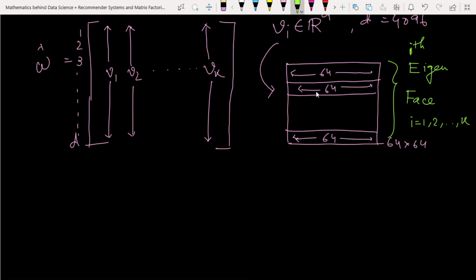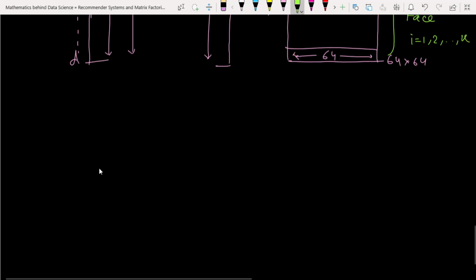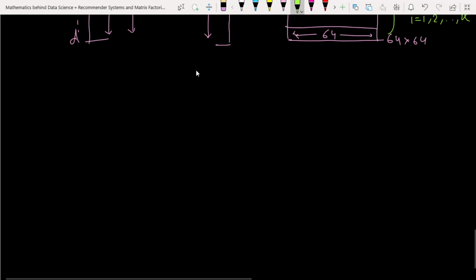Now the question that comes to our mind is: how will we choose the best K? It depends on the variances. If you remember the dimensionality reduction PCA chapter, we discussed this in detail.